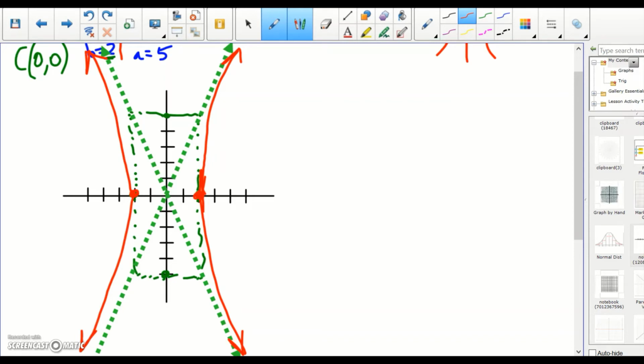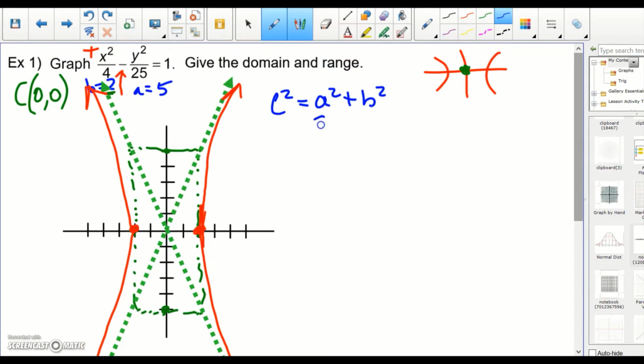Now we can find the foci. I know it didn't ask me to, but we can find the foci points. A squared was 25 and B squared was 4, so C squared equals 29. The square root gives me a distance of square root of 29, which is about 5 point something.